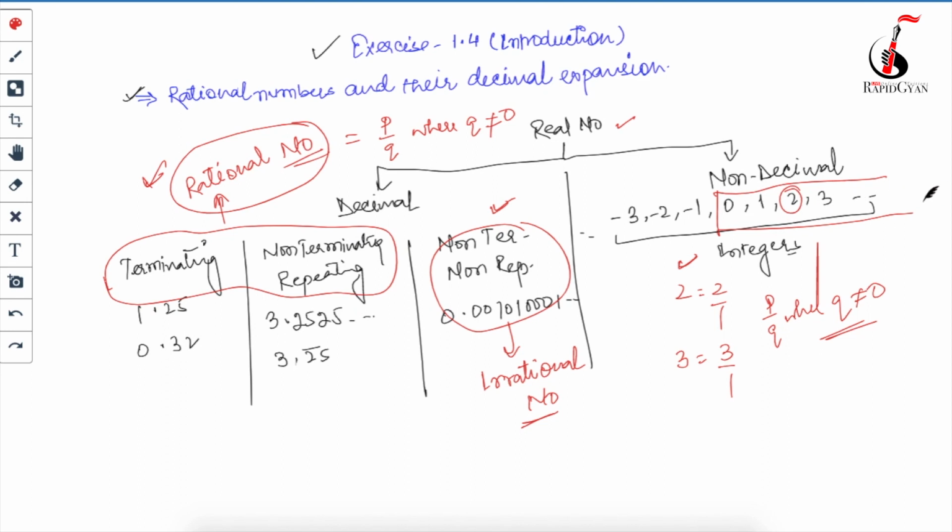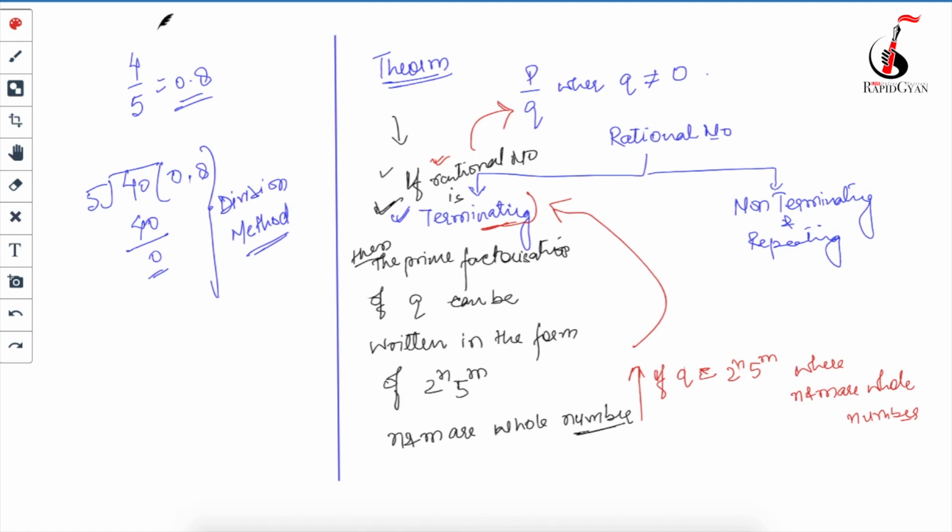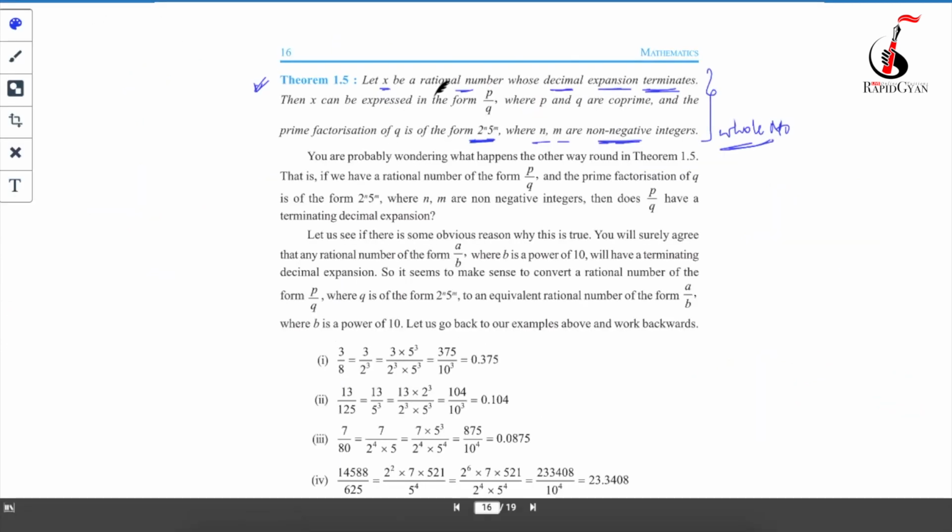So if a rational number has a terminating decimal, then q can be written in the form of 2 to the power n, 5 to the power m, where n and m are non-negative integers, which are your whole numbers. So this was your theorem 1.5.